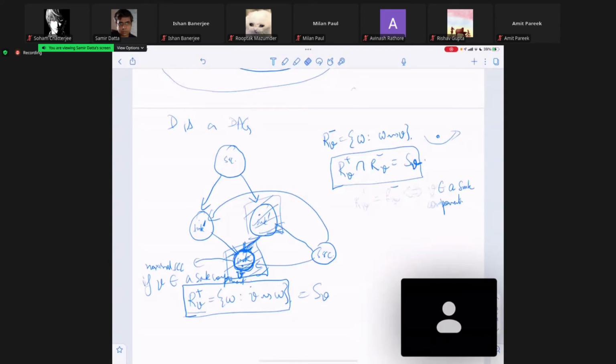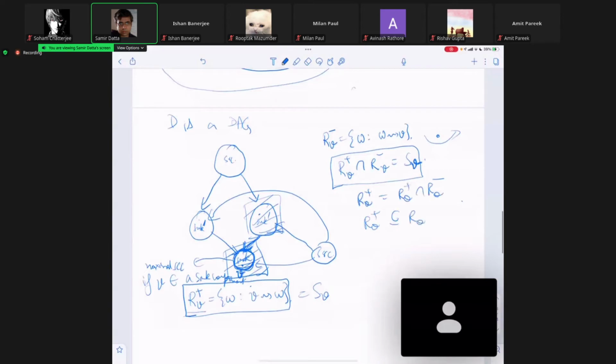So what is the criterion for V to be in a sink component? That RV plus is equal to S of V. So RV plus is equal to RV plus intersection RV minus, correct? Which essentially means that RV plus is contained in RV minus, correct?